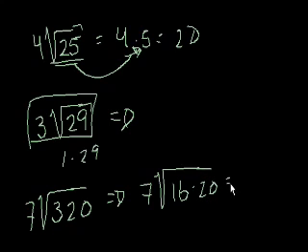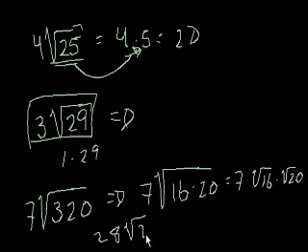Well, that just equals 7 times the square root of 16 times the square root of 20. 7 times the square root of 16. Square root of 16 is 4, so 7 times 4 is 28. So that's 28 times the square root of 20. Now are we done?